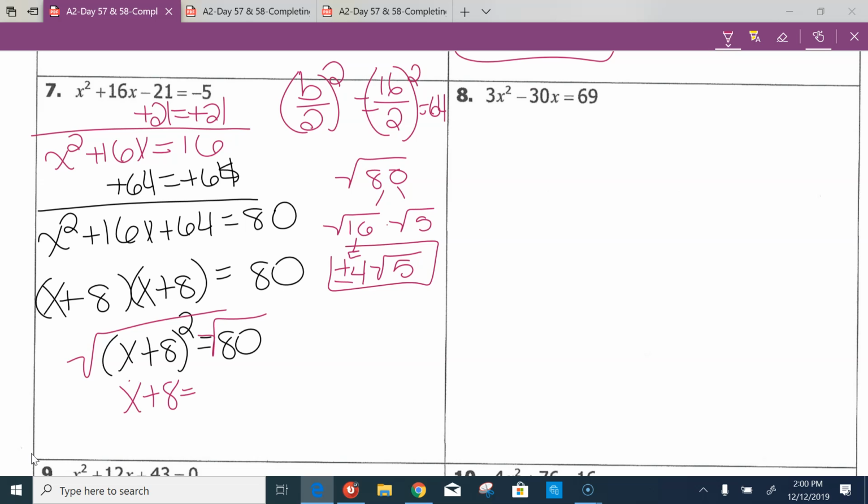So here is my left side, and I'm at the right side of my equation now. To get x by itself, I'm going to have to subtract 8, minus 8 here, minus 8 here, and my final answer, the way I'm going to write this answer, is x equals, because none of these cancel out, negative 8 plus or minus 4 square roots of 5.